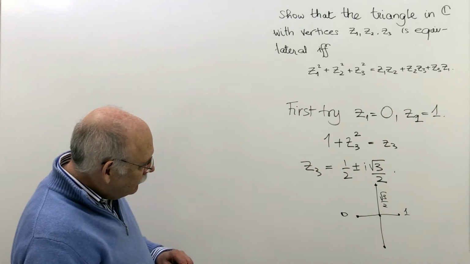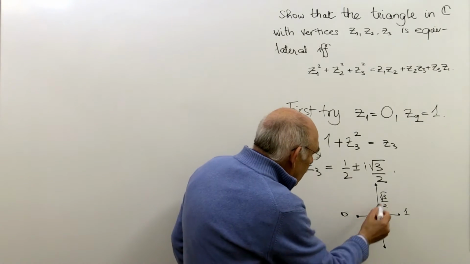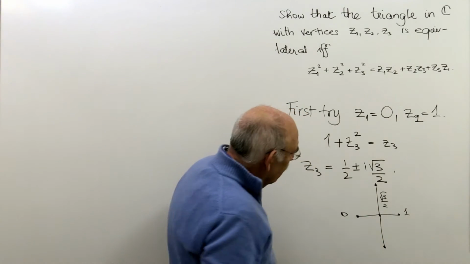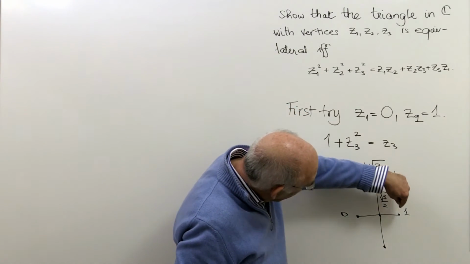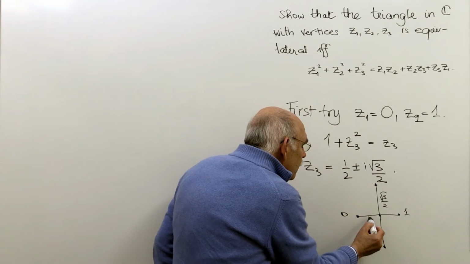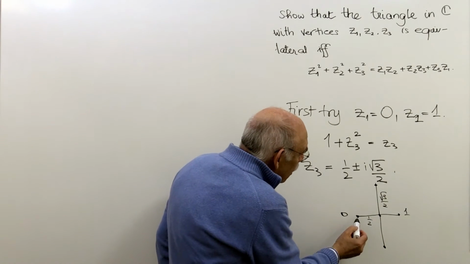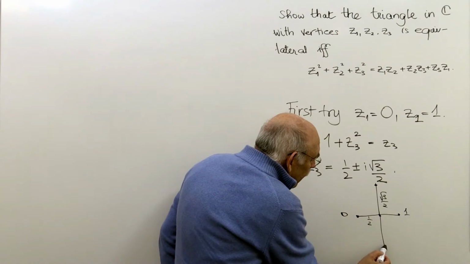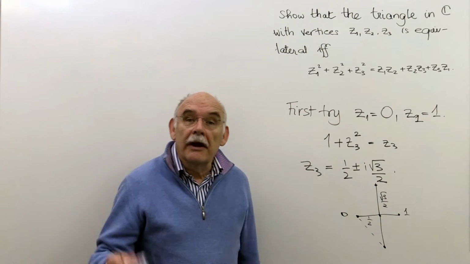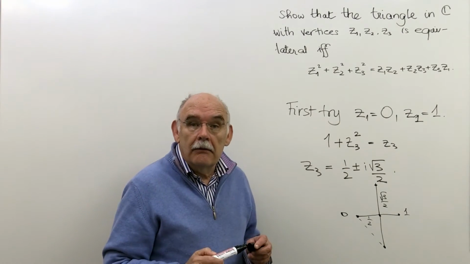Now, that's telling me that I'm doing something along the perpendicular bisector, which is saying that this triangle is isosceles, but I'm also choosing the height so that the tangent of that angle is equal to root 3, which makes the angle exactly pi on 3 and the triangle equilateral.